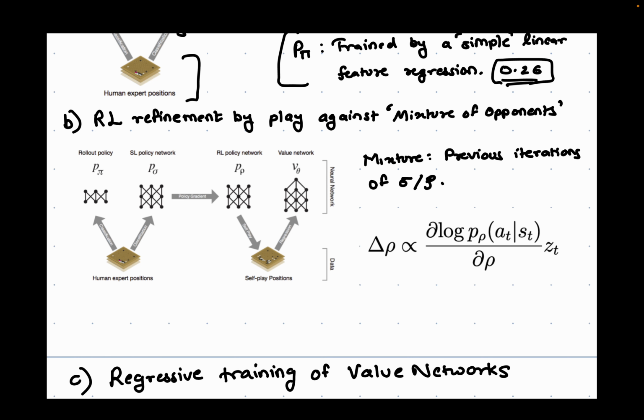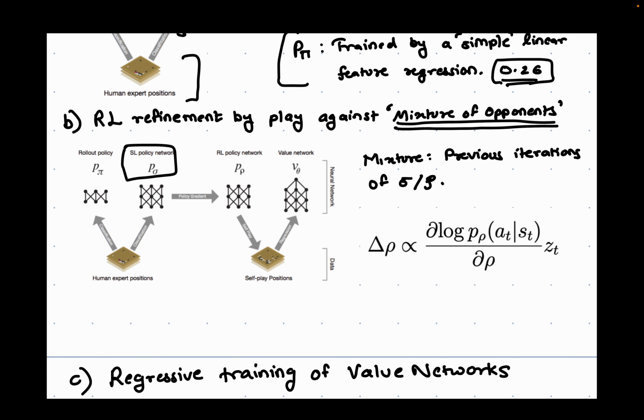Once you have the pre-trained supervised learned policy P sigma, you want to find a computational way of fine tuning this policy. To do this, they make this policy play some games against itself and its previous iterations. So what you use is a mixture of opponents.